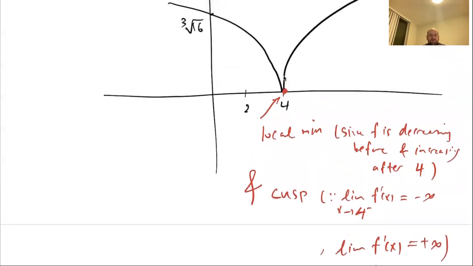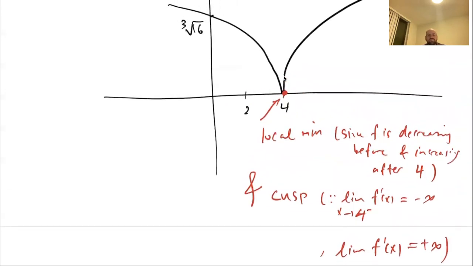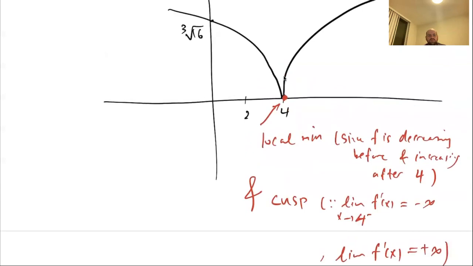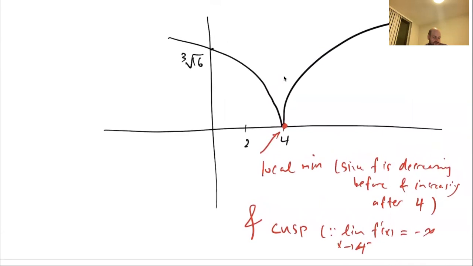So this 4 is a local min and also a cusp. Local min because decreasing before, increasing after. Cusp because it has a vertical tangent line: before, almost vertical with a negative sign, after, almost vertical with a positive sign. Okay, so this is the graph of this root function.